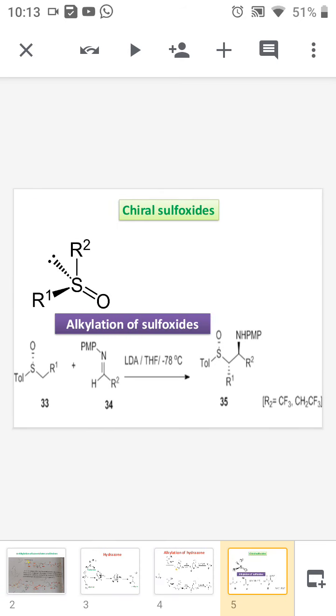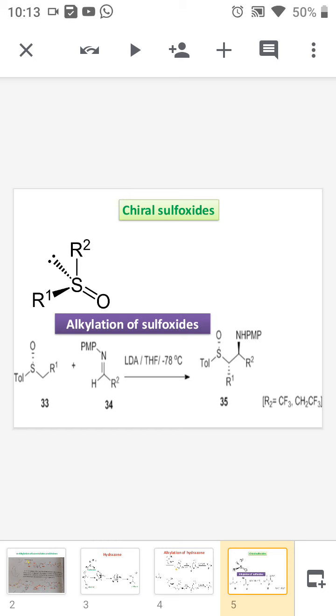Now the next chiral auxiliary is the chiral sulfoxide. See, this is the structure of the chiral sulfoxide. Sulfur is connected to two alkyl groups, and it is doubly bonded to the oxygen. There is a lone pair of electrons which is in the backward direction, that is away from the observer. Now we have to concentrate on the asymmetric alkylation of the sulfoxide.